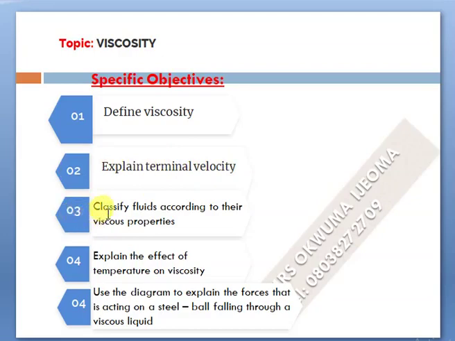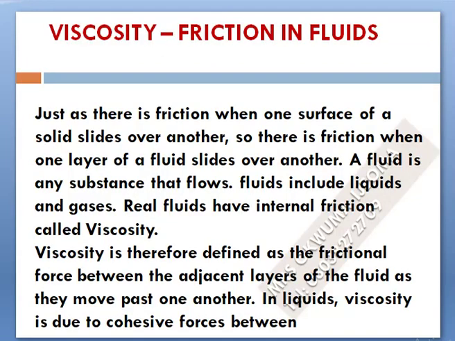Number 3, classify fluids according to their viscous properties. Number 4, explain the effects of temperature on viscosity. And number 5, use the diagram to explain the forces that are acting on a steel ball falling through a viscous liquid. So these are our specific objectives.